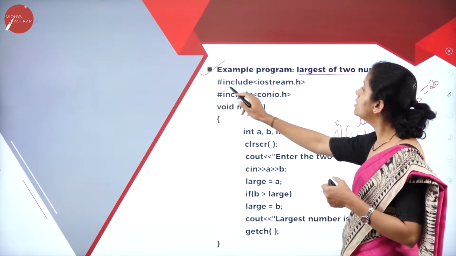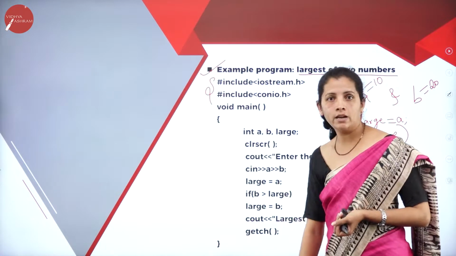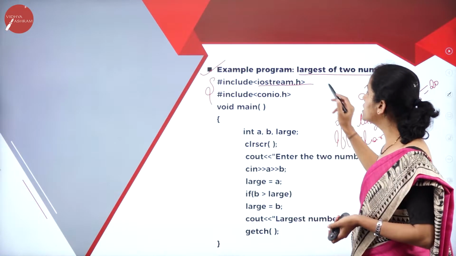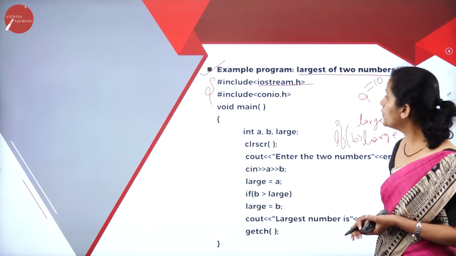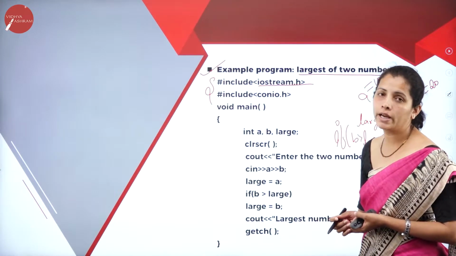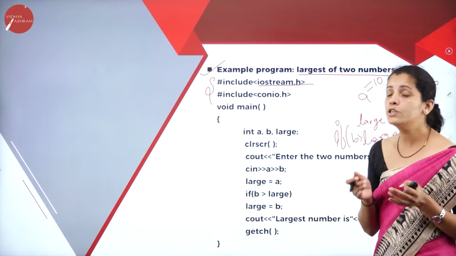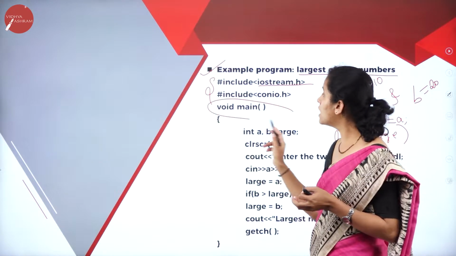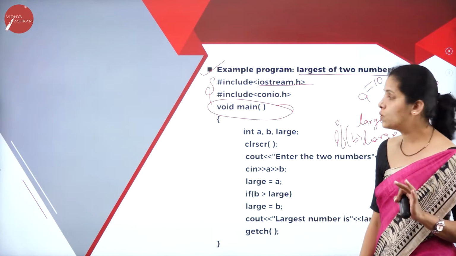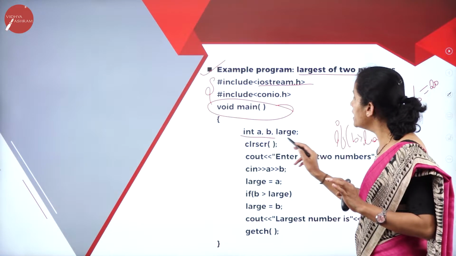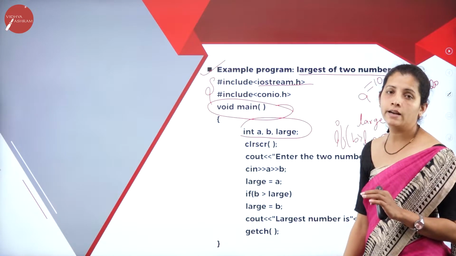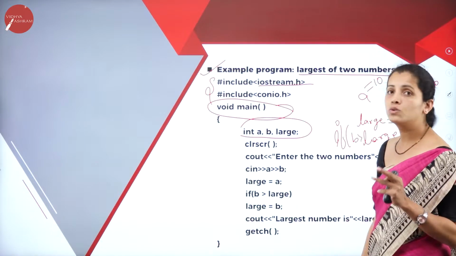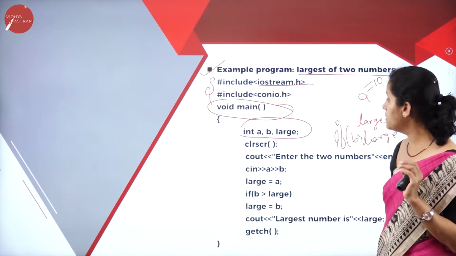So here at the beginning, I'm going to include the header file, that is iostream.h header file, along with conio.h header file. And the execution of the program is going to start from the main program. And these are my variables, and they are of type integer. So here I'm going to take three variables.